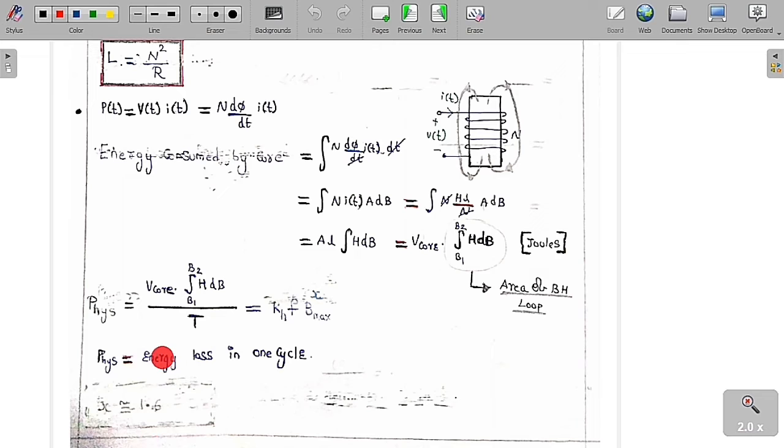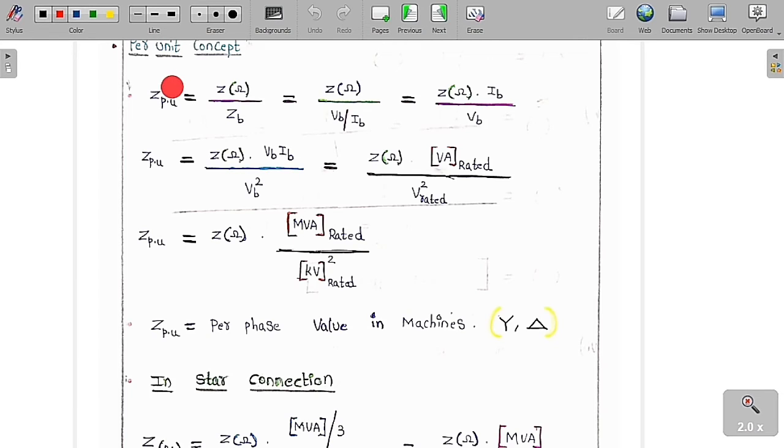So power is equal to the energy loss in one cycle or one time period, Kh into f into B max to the power of x, where x is always nearly equal to 1.6.